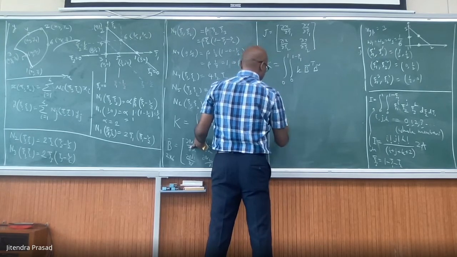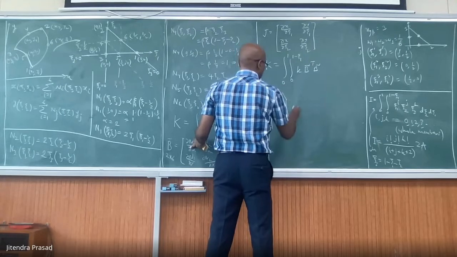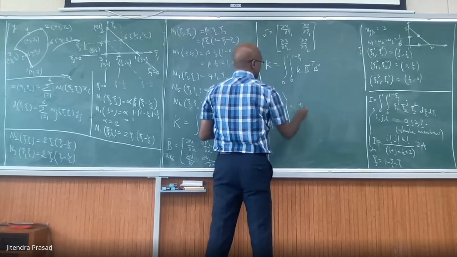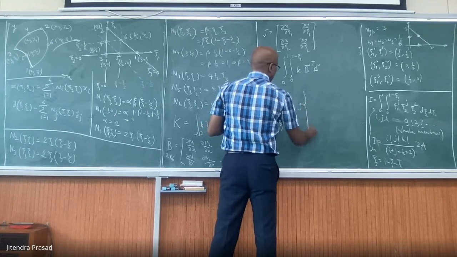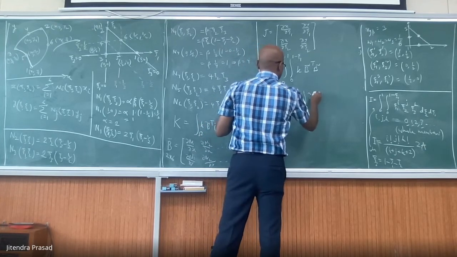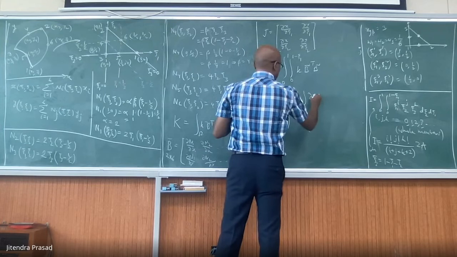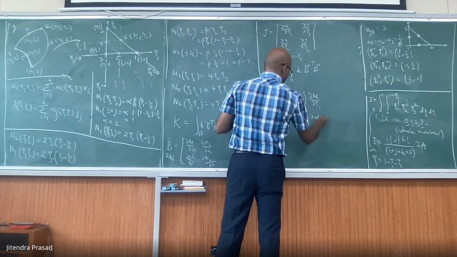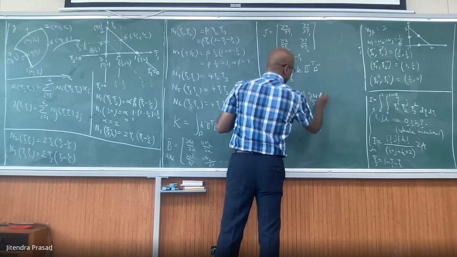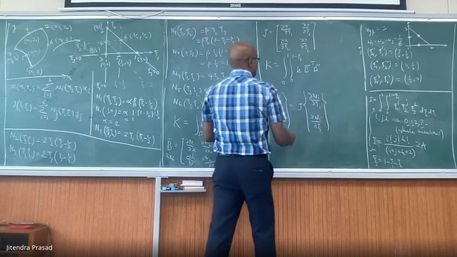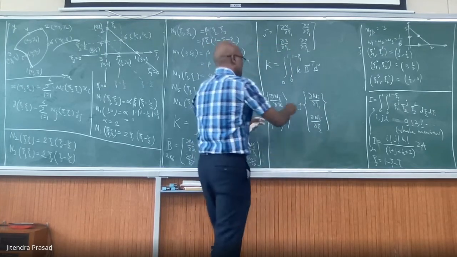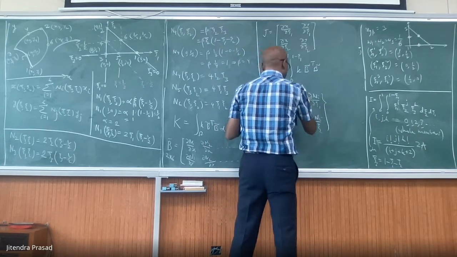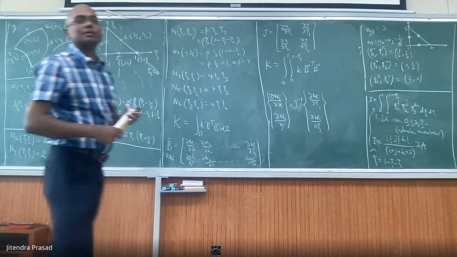Ni del y is equal to, and then you have the Jacobian here, and then you have del ni over del xi1, del ni over del xi2. So, sorry, the inverse of that, right? Inverse of that, right?